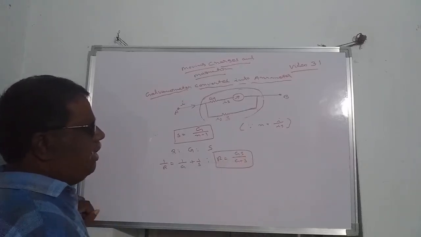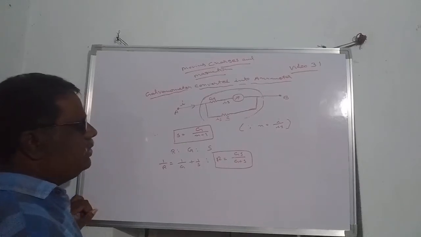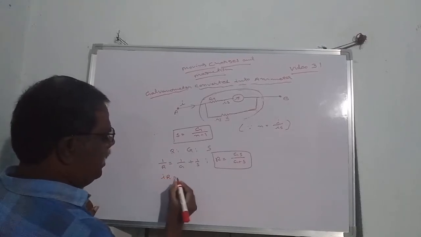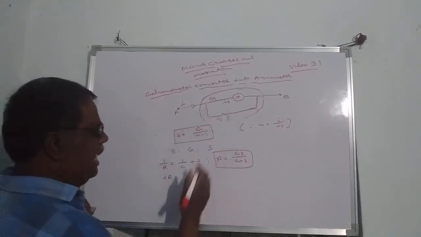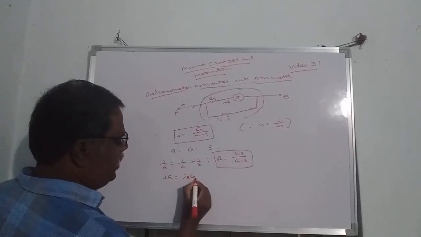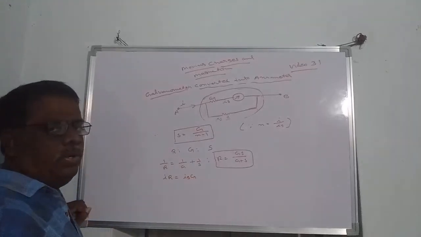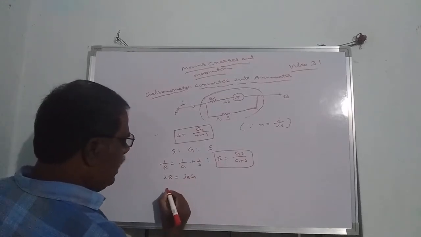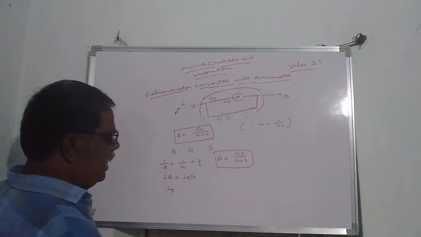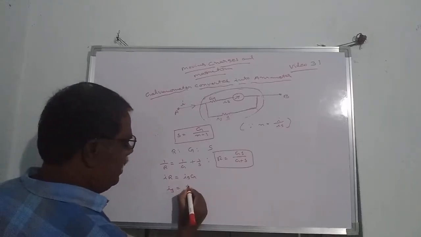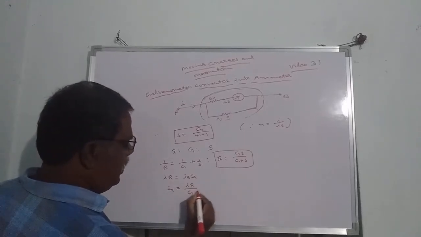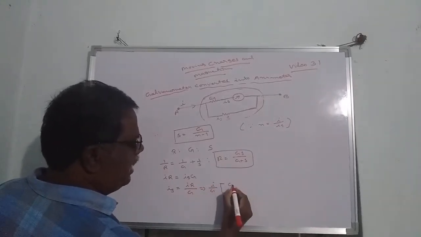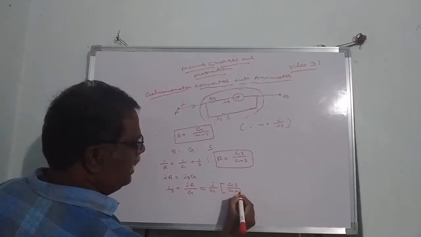Then how do we calculate the values? The voltage across the total resistance will be IR, and across the galvanometer it will be IgG. So IR is equal to IgG. Here Ig, the current in the galvanometer, is nothing but IR by G. The R value we calculated here is GS by (G plus S).